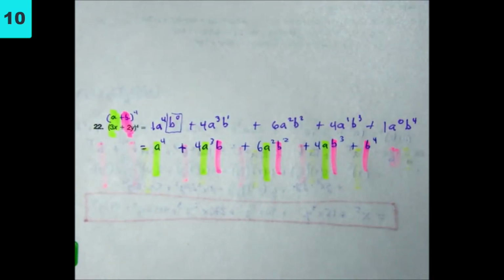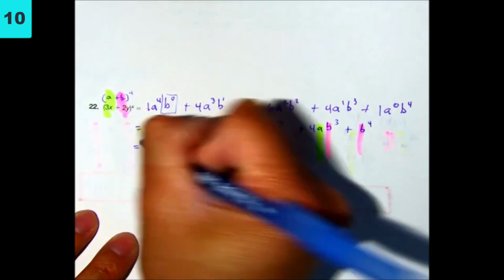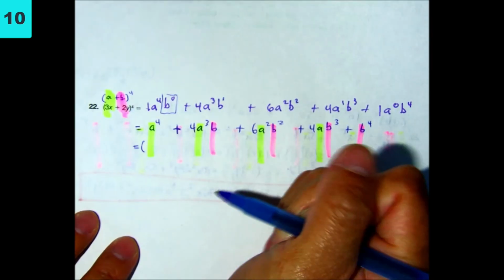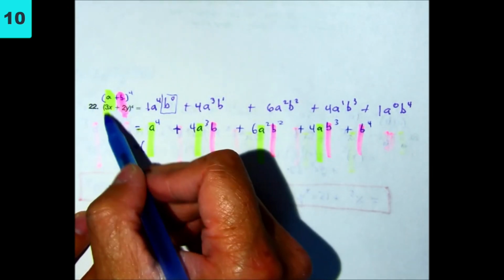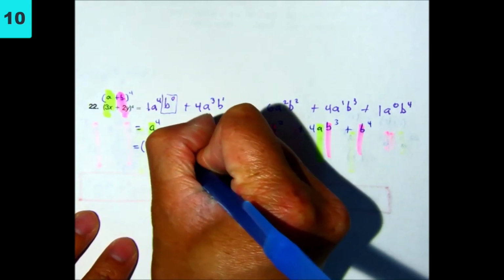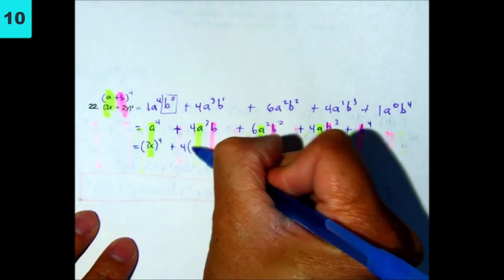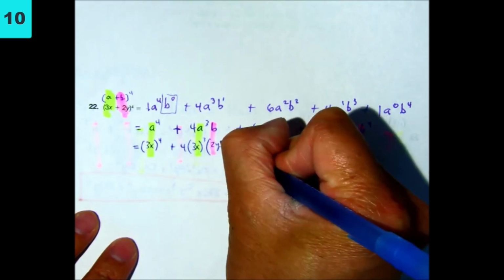Alright, Alex, tell us what to write. You can do it. What's your a value? The a value is 3x. Yes, Joshua.